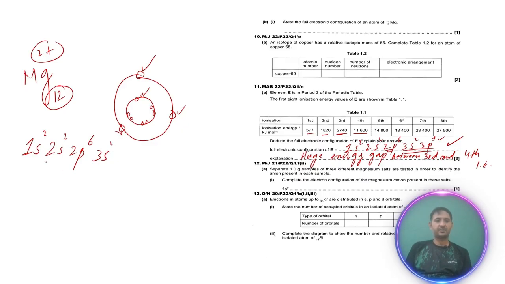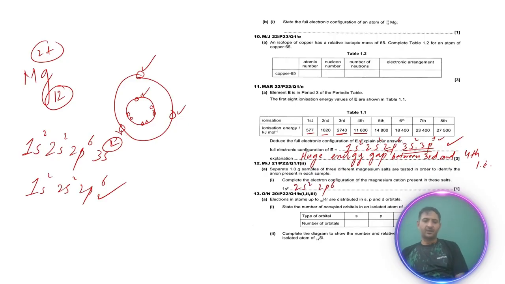If 2 electrons are removed, it becomes 1s2, 2s2, 2p6. Okay, that is the electronic configuration: 1s2, 2s2, and 2p6.